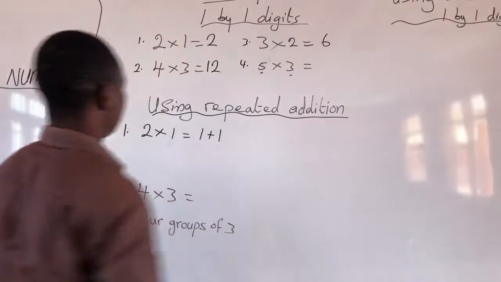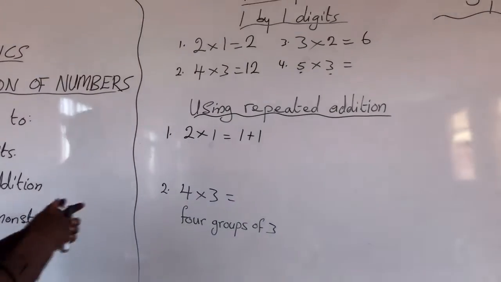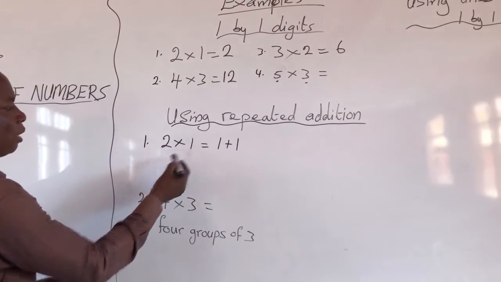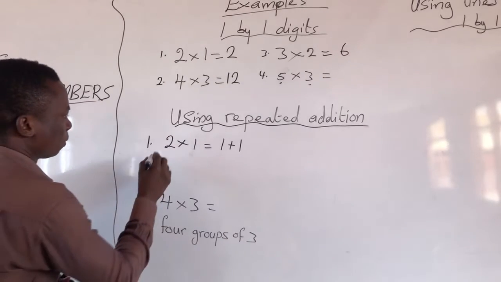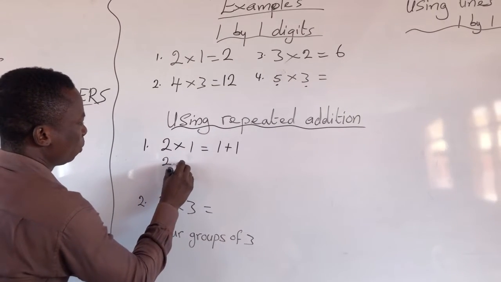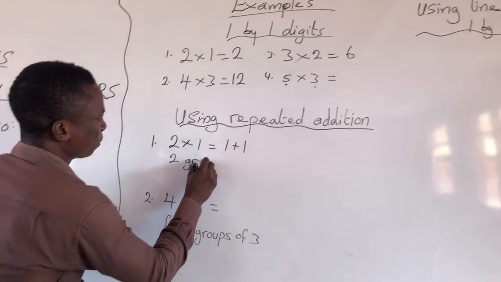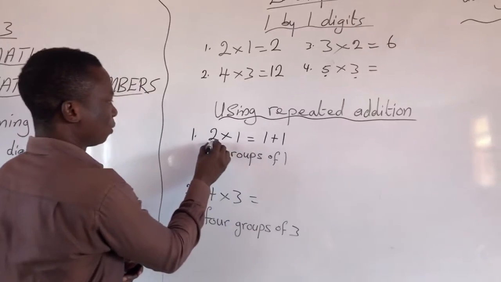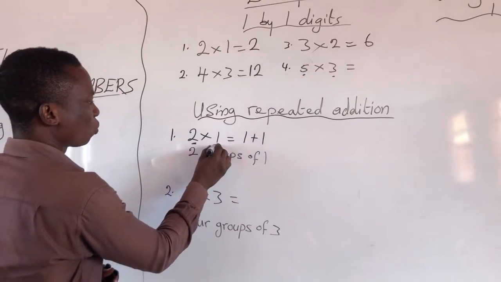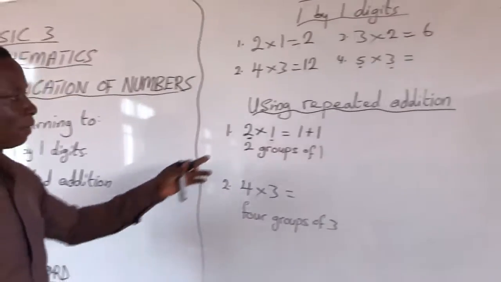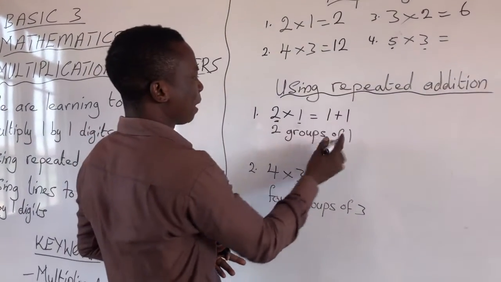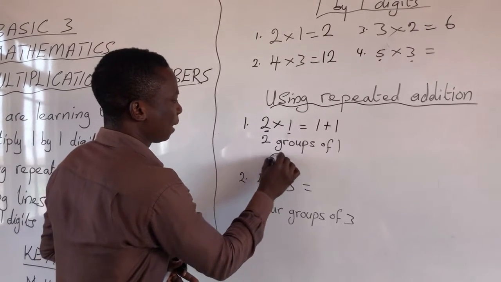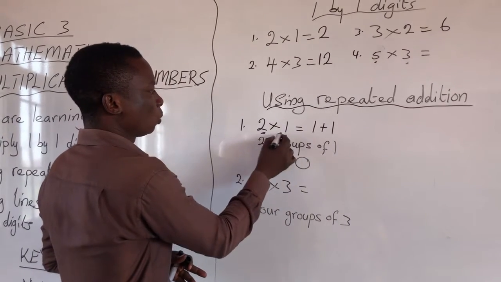Let's quickly look at repeated addition. When you have something like 2 times 1, it's also read as 2 groups of 1. That is how we read these figures. And how do you go about it? It's like this: 1, 2. 2 groups of 1.